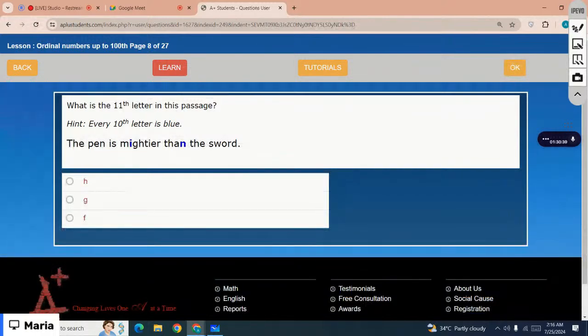What is the 11th letter in the passage? So, which is the correct option?